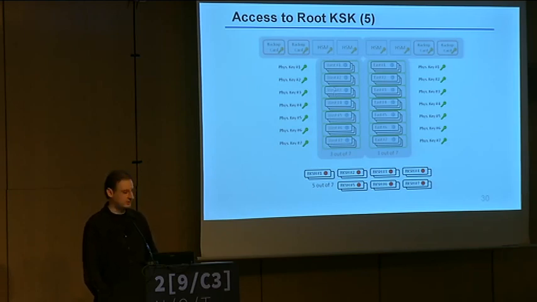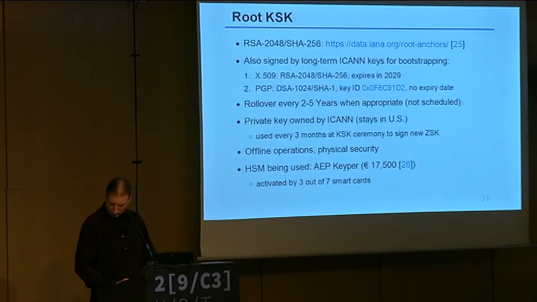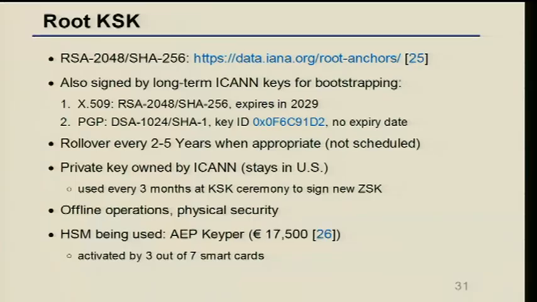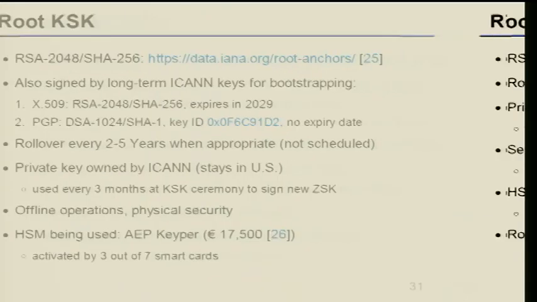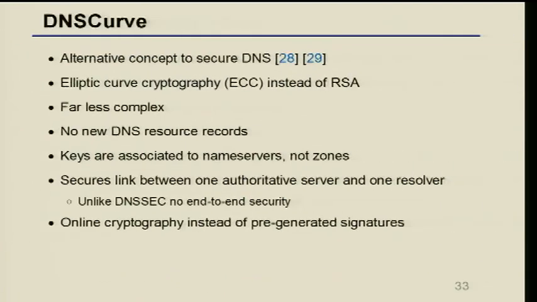What is distributed to the trusted community representatives are the physical keys and the smart cards to decrypt the backup smart cards. Okay, so here are some details for you to read later on. With respect to time, we will skip this and go to the next topic, and this is DNSCurve.